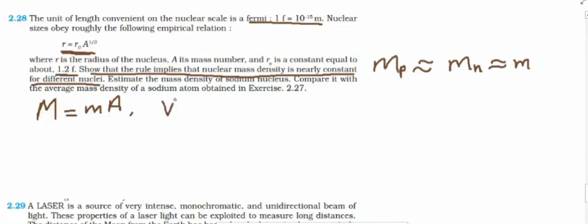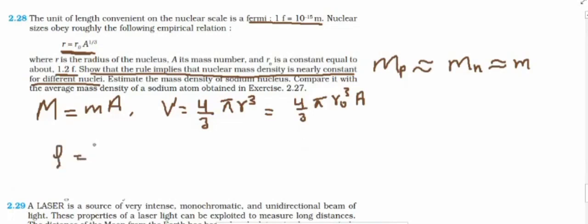Next, go for the volume of the nucleus. V is equal to 4 by 3 pi r cube. There, you can substitute the value of r from that formula, so you will get 4 by 3 pi r naught cube A, since A raised to 1 by 3, the whole cube, becomes A. Now calculate the density of the nucleus.